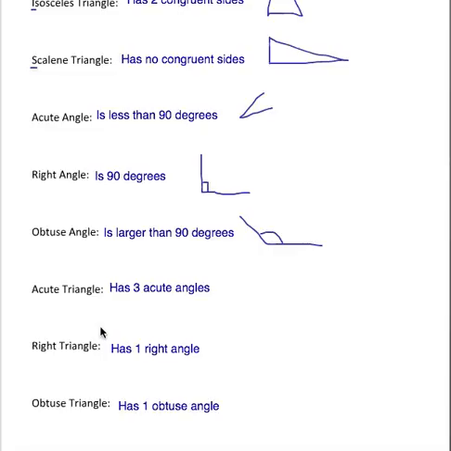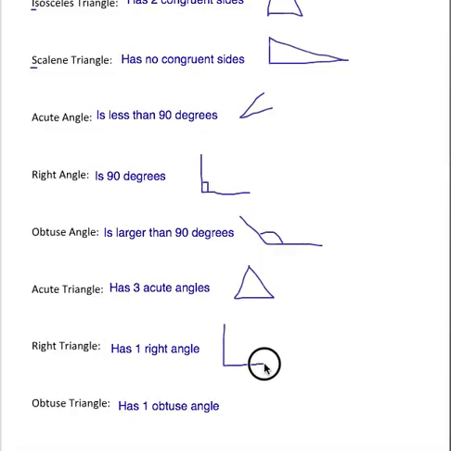So the way that we can classify triangles is by the angles of the triangle. An acute triangle would have three acute angles. So this would be an example of what an acute triangle would be. All of the angles in this triangle are less than 90 degrees. A right triangle only has one right angle.